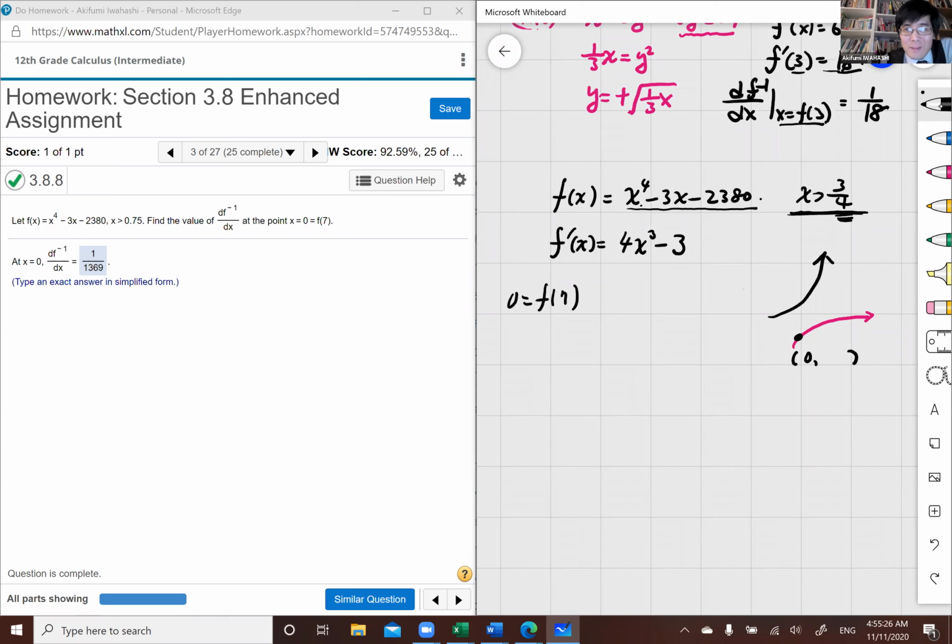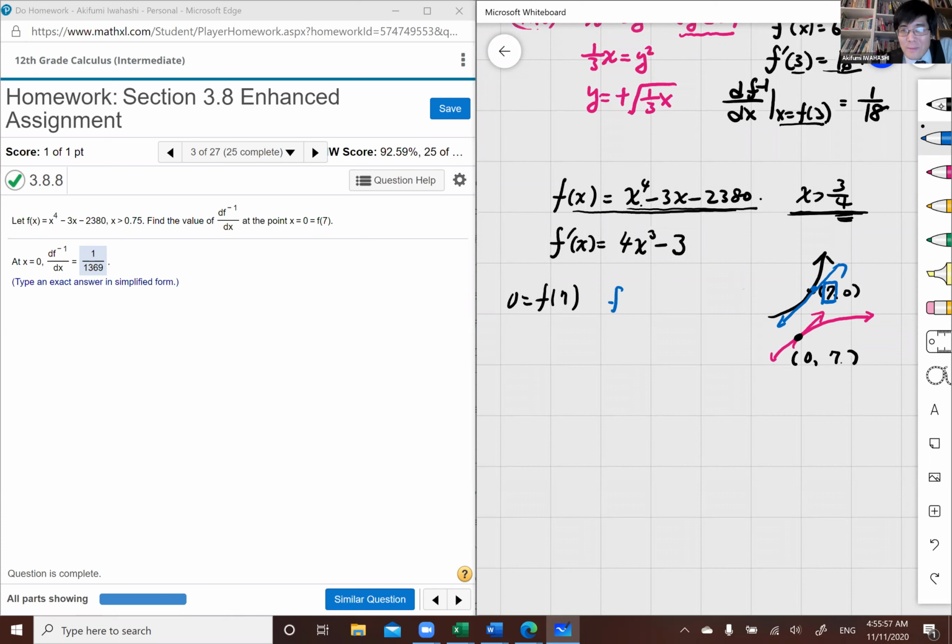So that means the original function goes through the point (7, 0), okay? And the inverse function must go through (0, 7). Now, the slope at this point must be the reciprocal of the slope at this point of the original function. So we just need to find the slope of the original function when x is equal to 7.